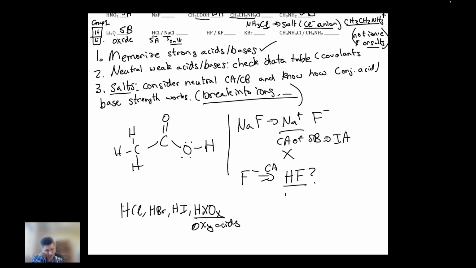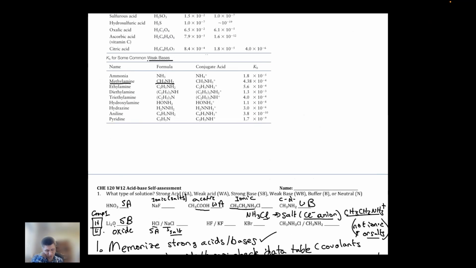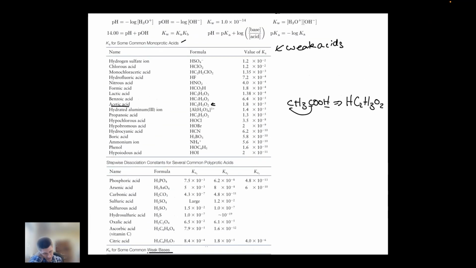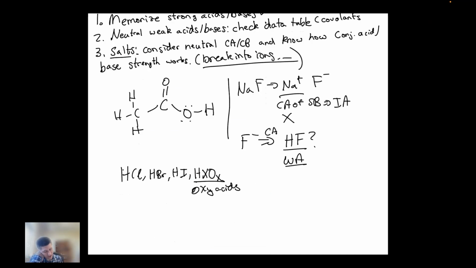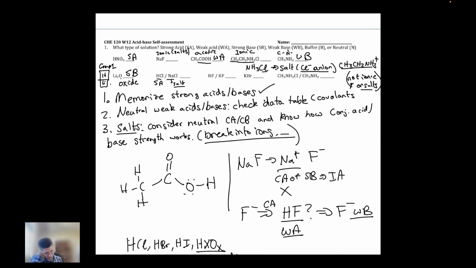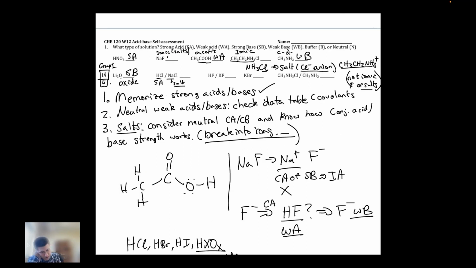So HF is going to be a weak acid. We can double check that by looking in the table, and we can see right in our data table, hydrofluoric acid, HF, is there. Again, these are weak acids. So since HF is a weak acid, that makes F minus a weak base. And so this solution here is just going to be a weak base because we have an ineffective acid which doesn't affect pH, and F minus is a weak base.